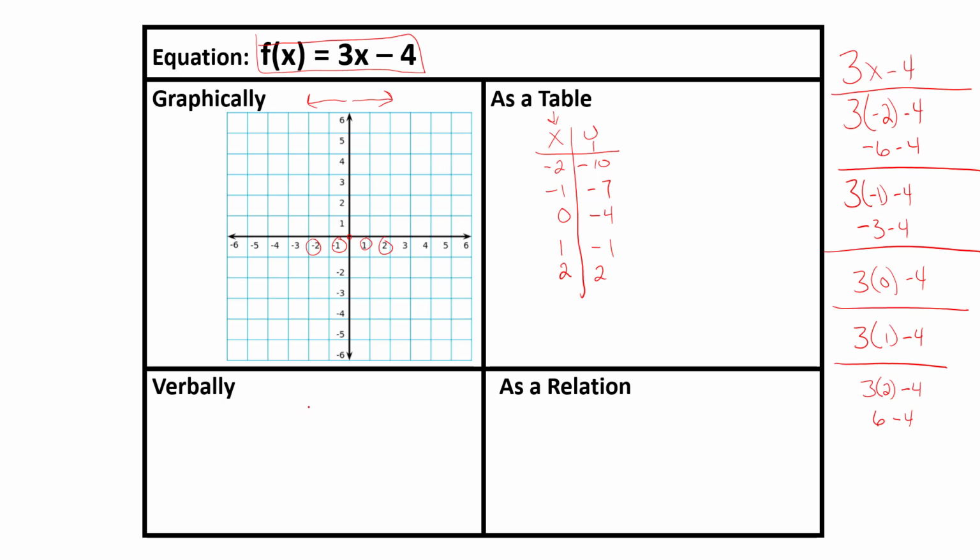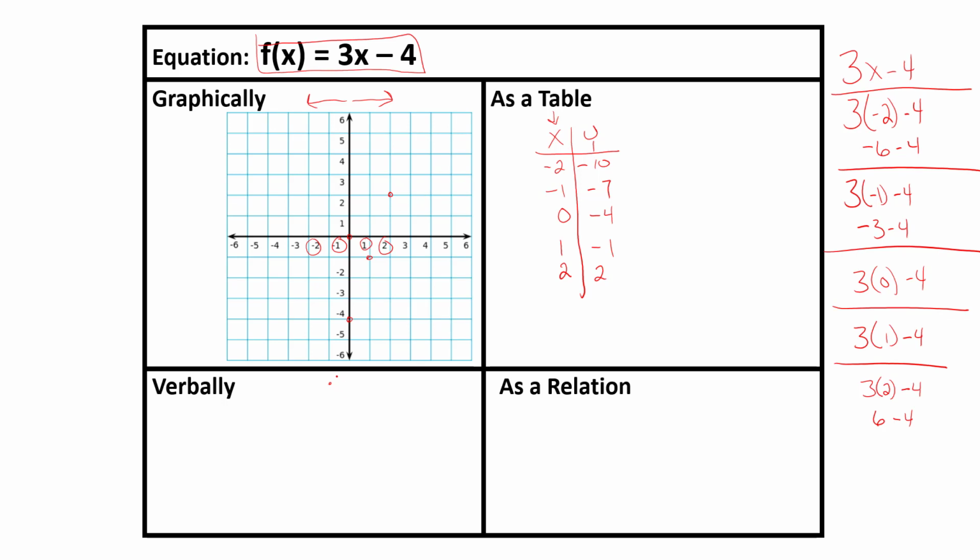So we come back to -2, -10. That's going to be somewhere way down here. We're not going to graph it. We come back -1, -7. While it still extends off of our graph, we know what even increments are going to be, so we can put it down there just to get an indication of where it'll be. We graph 0, -4. We graph 1, -1. We graph 2, 2.